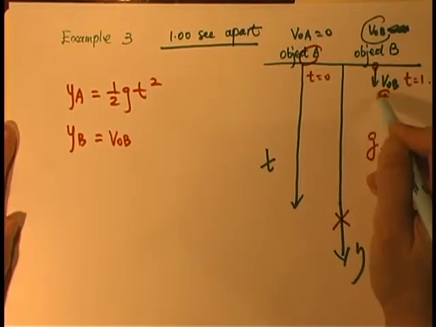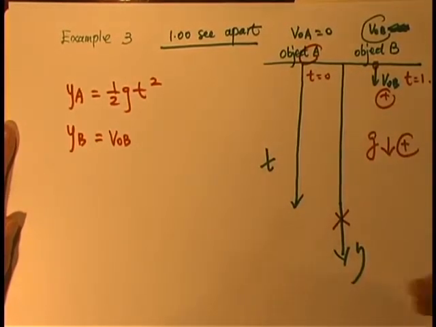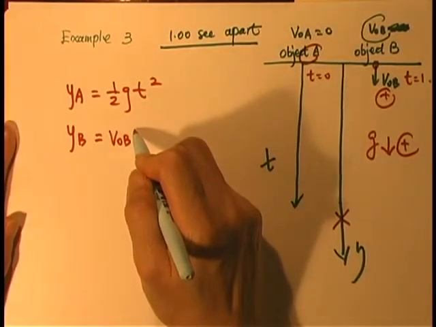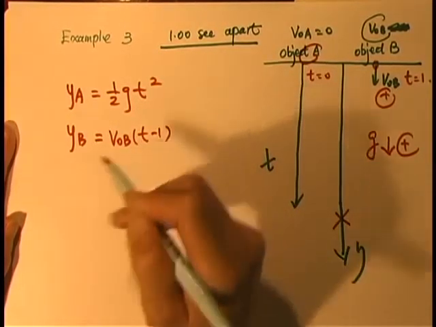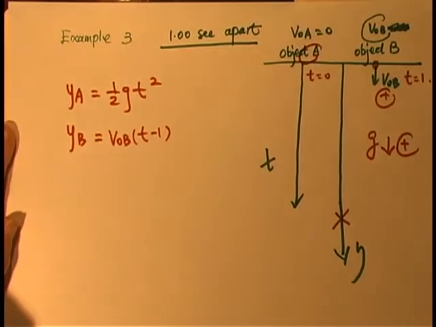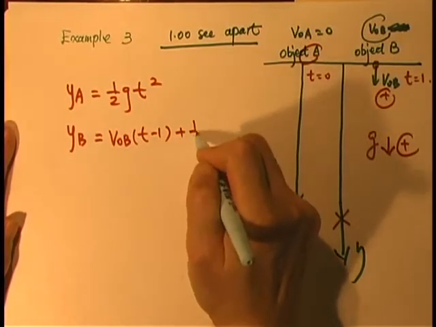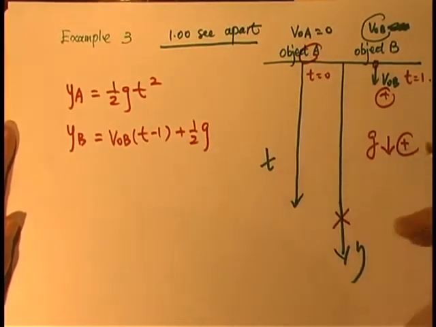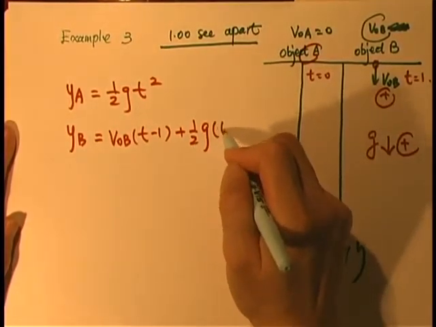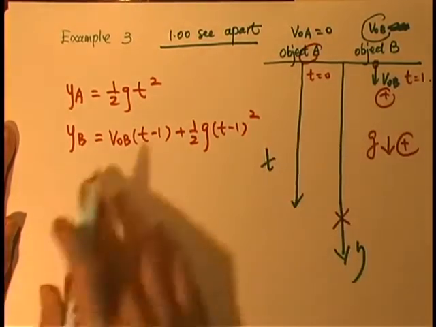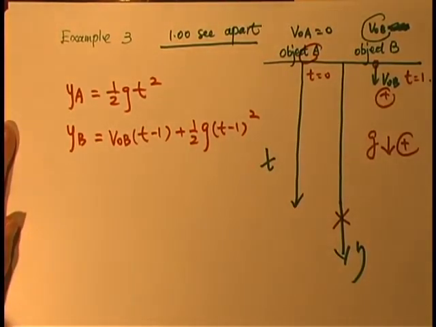Okay, this is positive. So, it's going to drop t minus 1 second because it's released 1 second later. Plus 1/2 g, because I have the same acceleration, t minus 1 squared. This is about the second one.